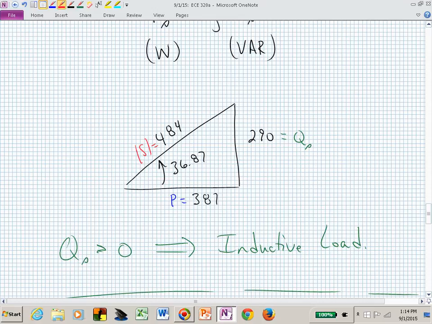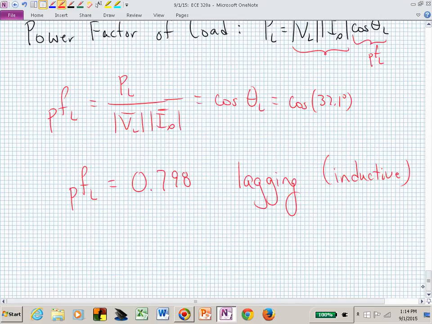So you can answer it many different ways, and it's just whichever one you like to think about. Q was positive, it was an inductor, the reactance was positive, theta sub V was bigger than theta sub I. All of those are ways to justify that it was a lagging power factor.